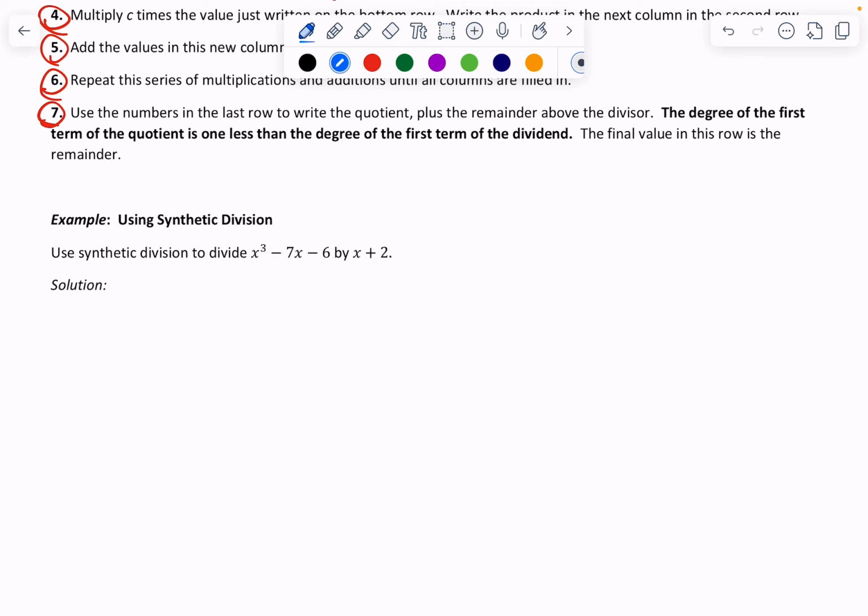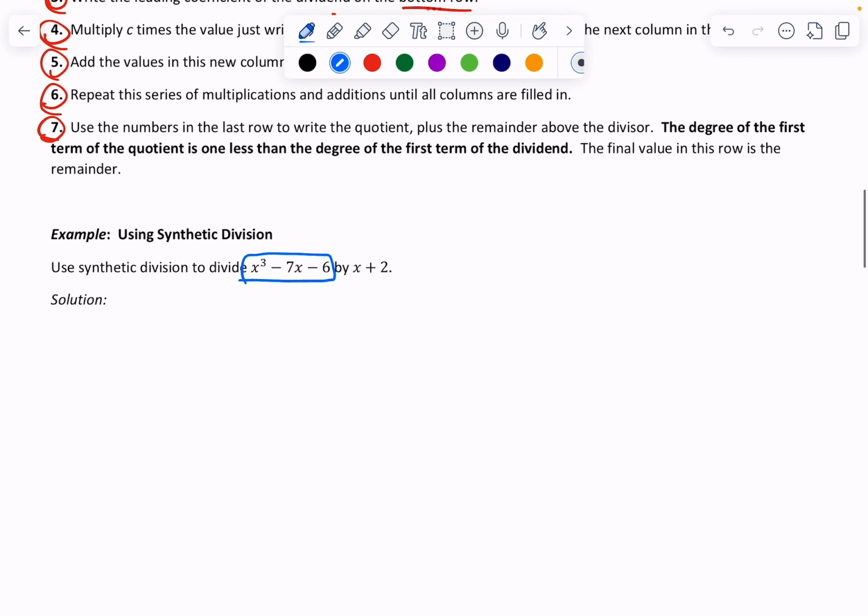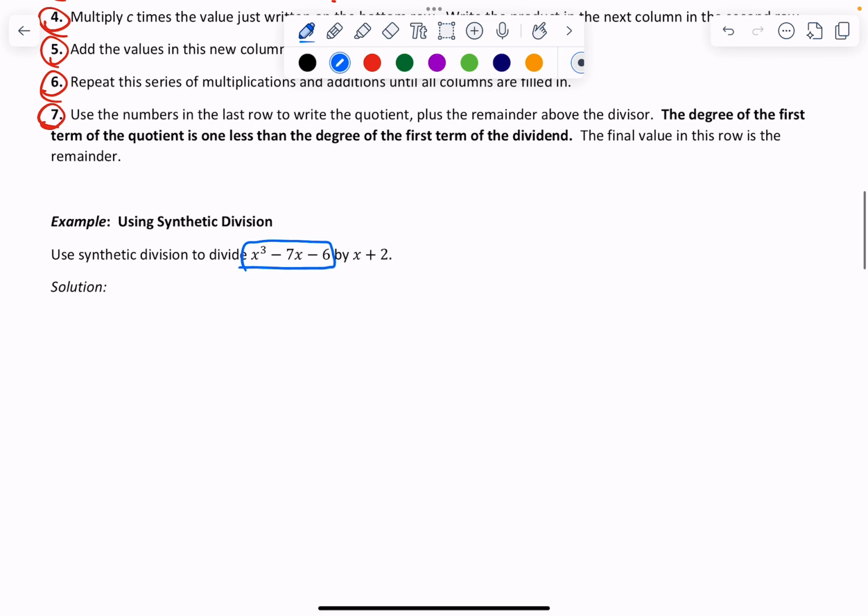So we are using x cubed minus 7x minus 6. We are using the coefficients of these. Now, we're missing one term here. First of all, x cubed doesn't have a coefficient, so we're going to write 1 in front of it.